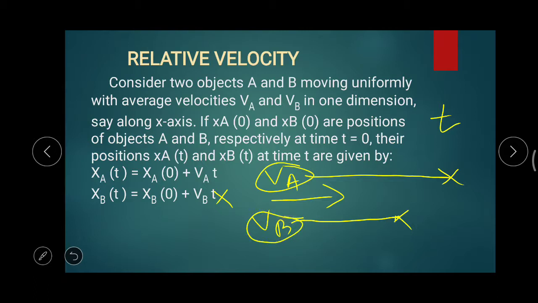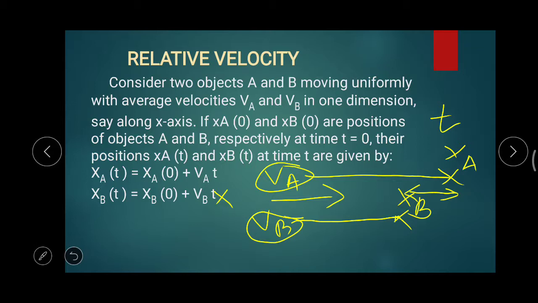So for a particular time interval, A can cover more distance compared to the body B with velocity VB. Okay. So here the position of A at a time t is XA and the position of B at a time t is XB. Now we have to find the displacement between XA and XB, the difference in the path they have covered.